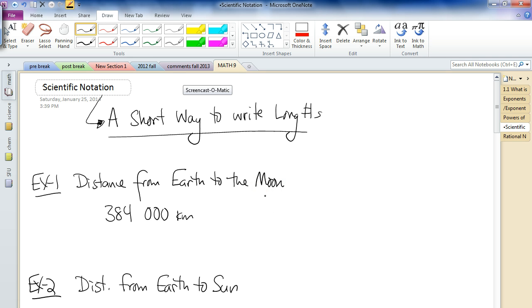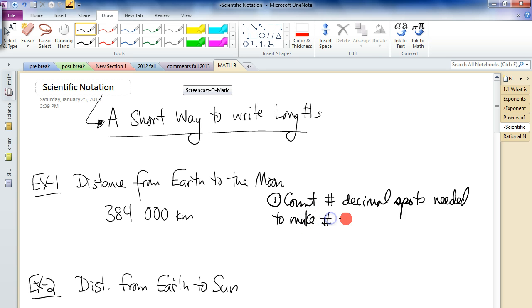You have to know your knowledge from the previous video on powers to the base 10. First thing you do is count the number of decimal spots needed to make the number greater than 1 but less than 10.